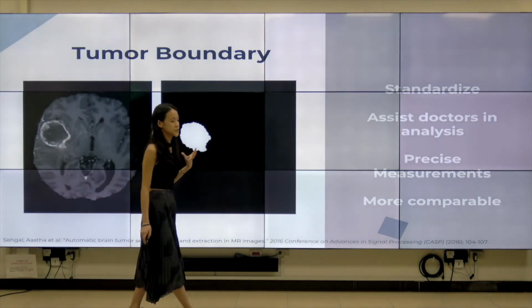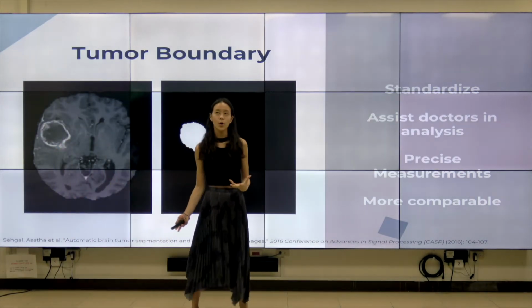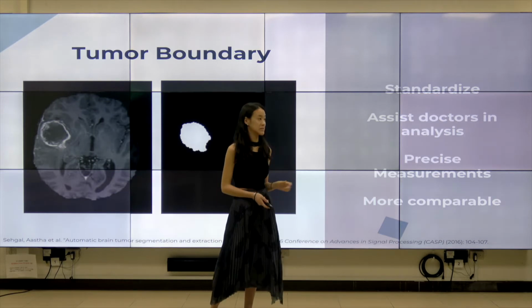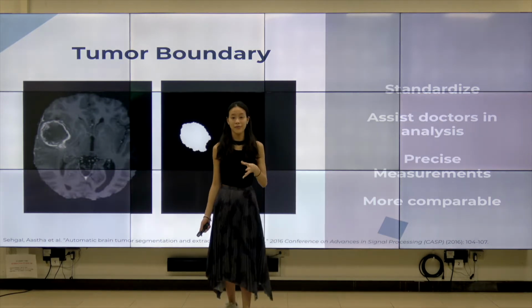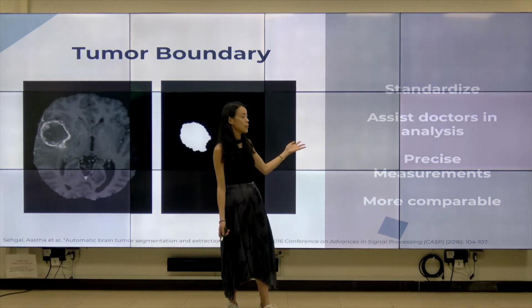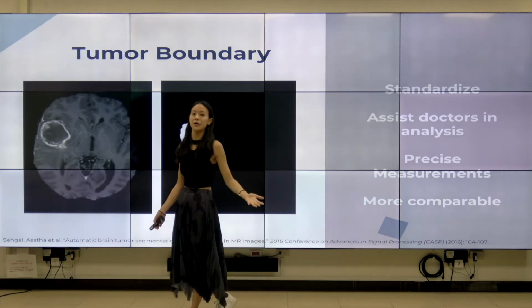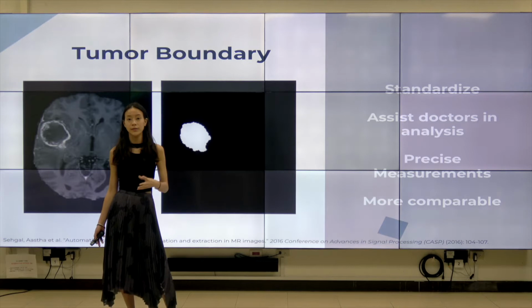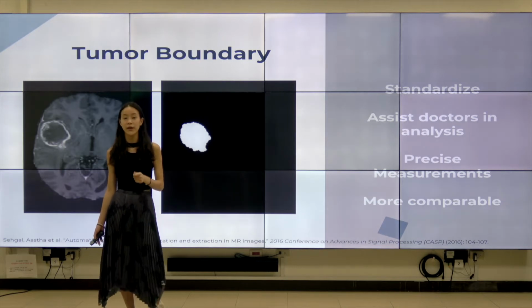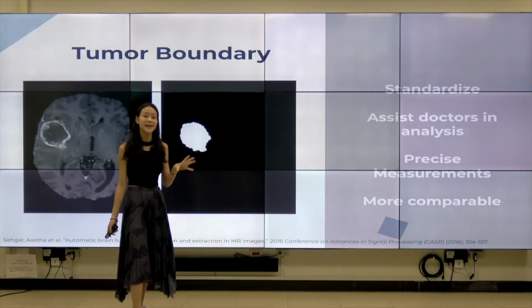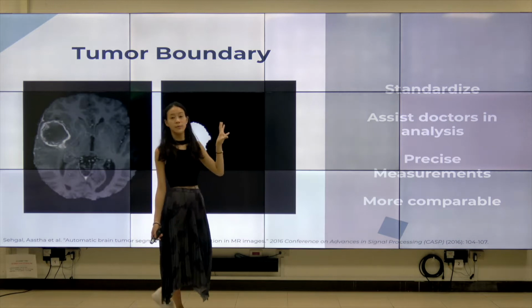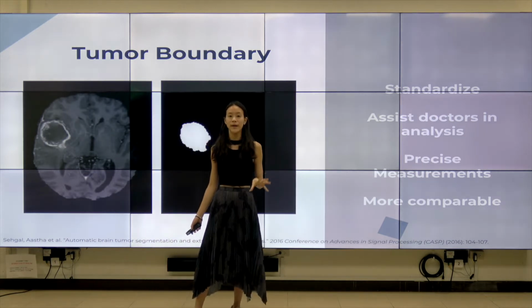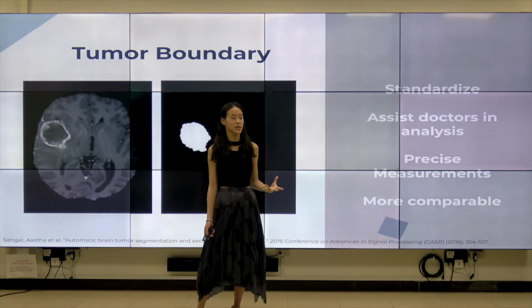In terms of tumor boundaries, if you think about it, when we apply prognosis to this, there can be a lot of potential impacts. For example, we can standardize this entire thing. If we have a very accurate prognosis from an algorithm, then we would be able to standardize all these tumor boundary determinations and feature extractions.